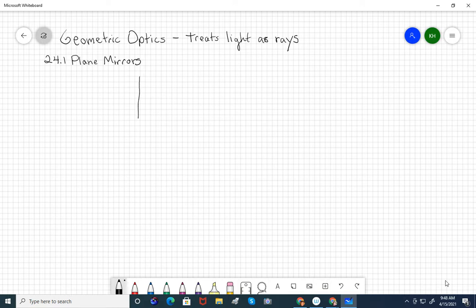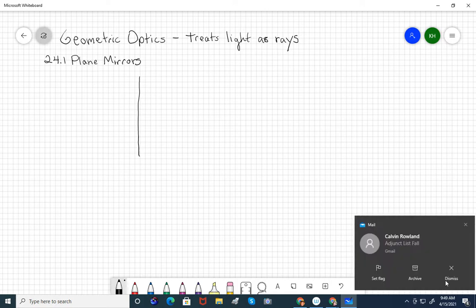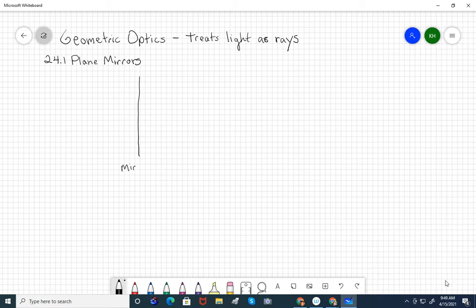Try to keep these lines straight. It's really hard on this tablet. So let's suppose that's our mirror. And I'm going to draw another straight line this way. That straight line is called the principal axis.